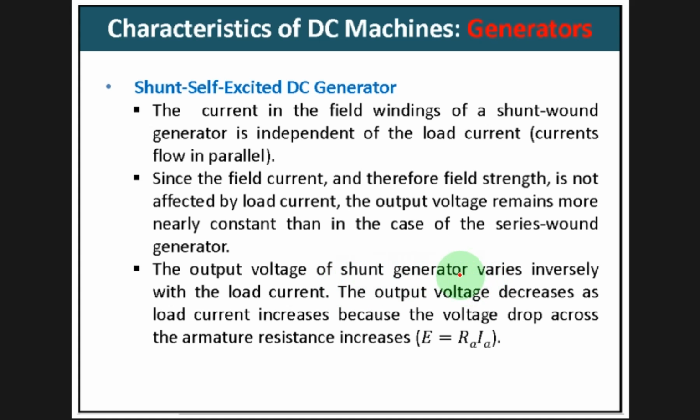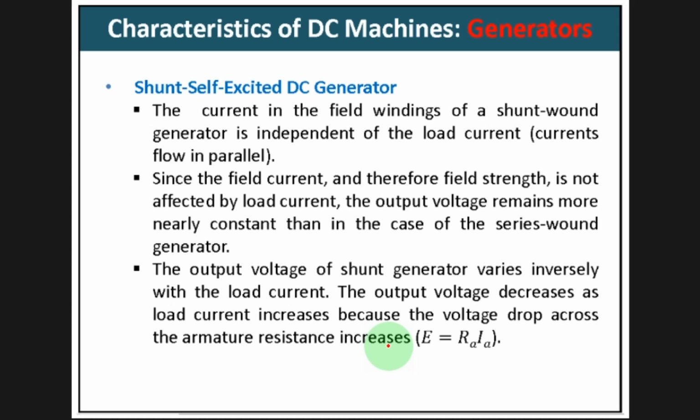So that means when the load current goes up, the voltage goes down, not like in the case of series self-excited DC generators. The output voltage decreases as the load current increases, because the voltage drop across the armature resistance increases. That drop is actually due to the armature resistance. Then the IR loss will go up when I is increasing, therefore the terminal voltage will decrease.